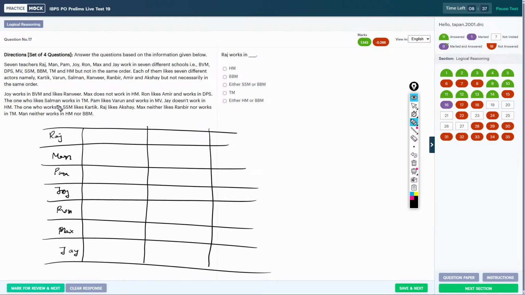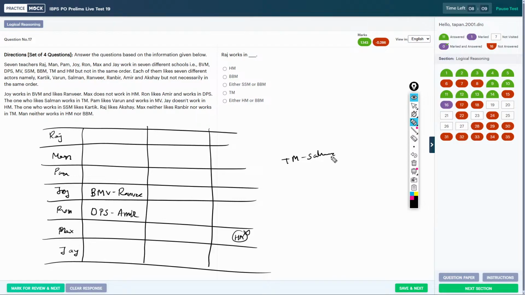Okay. Joy, BMU and Ranveer. BMU, Ranveer. Max, not HM. Ron, Amir, DPS. Ron, DPS and Amir. Salman, TM.